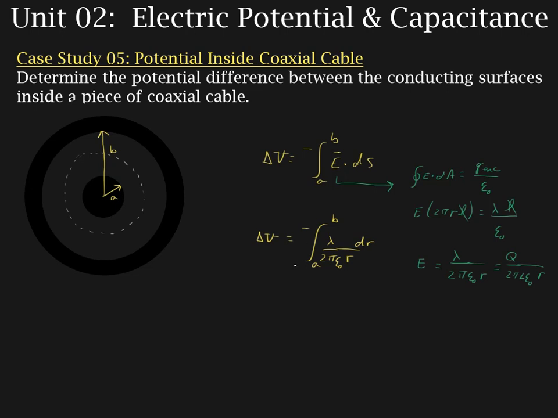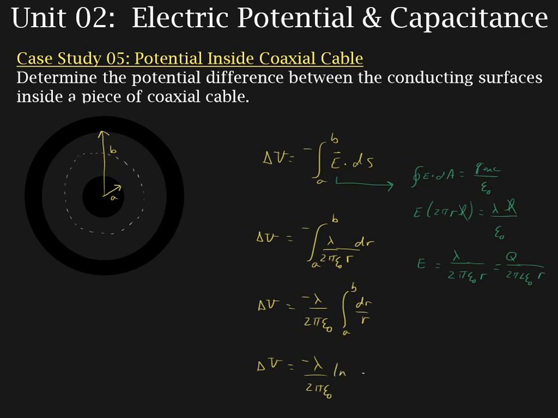So basically everything here is a constant, and we get delta V is equal to minus lambda over 2 pi epsilon naught times the integral from A to B of dr over R. So delta V is going to be equal to minus lambda over 2 pi epsilon naught, and the integral of 1 over r becomes the natural log of r.